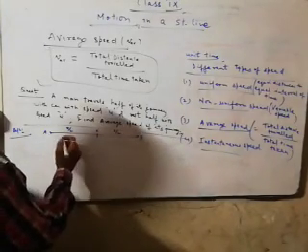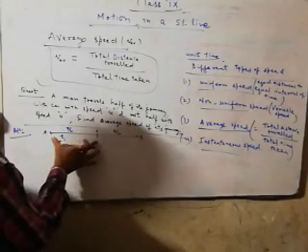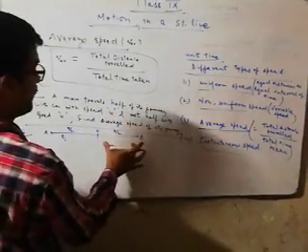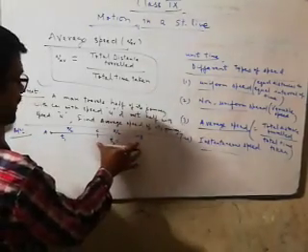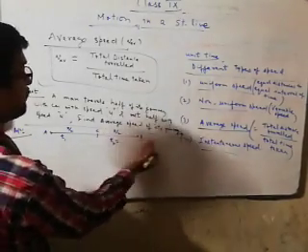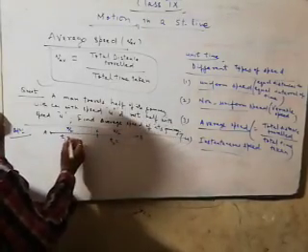If it took time interval t1 to travel the first half, and time interval t2 to travel the other half, the total time will be t1 plus t2.